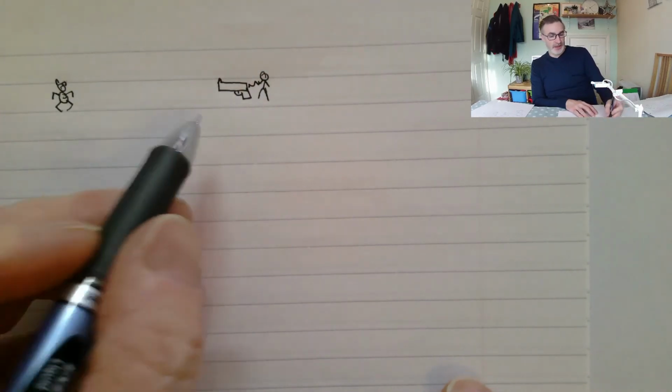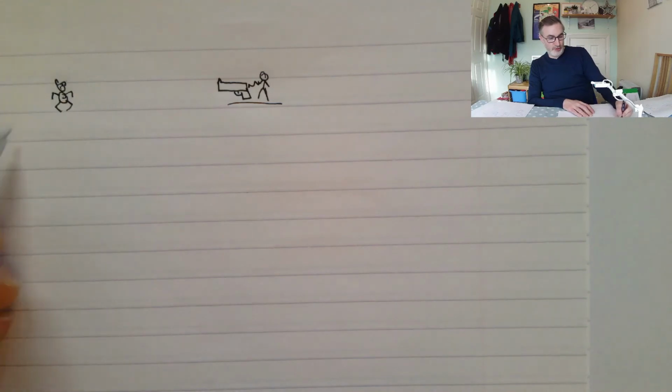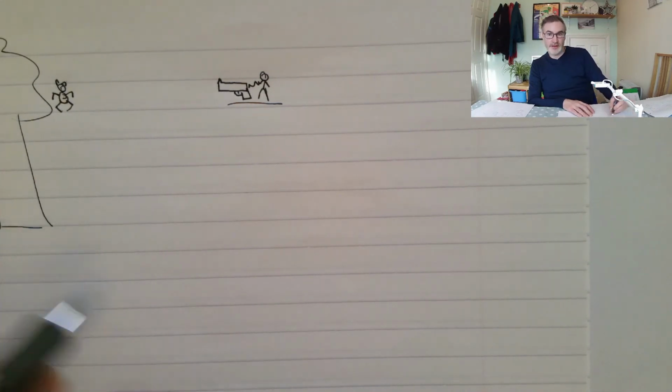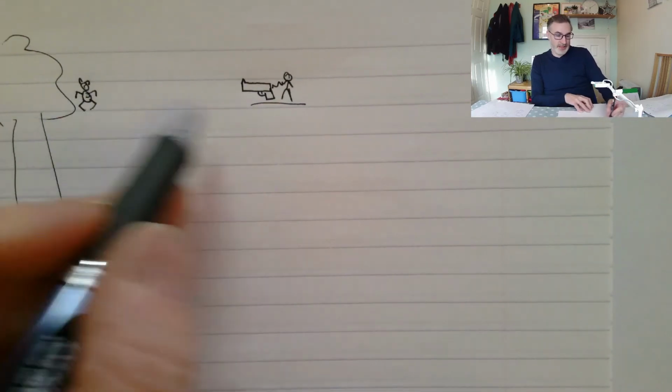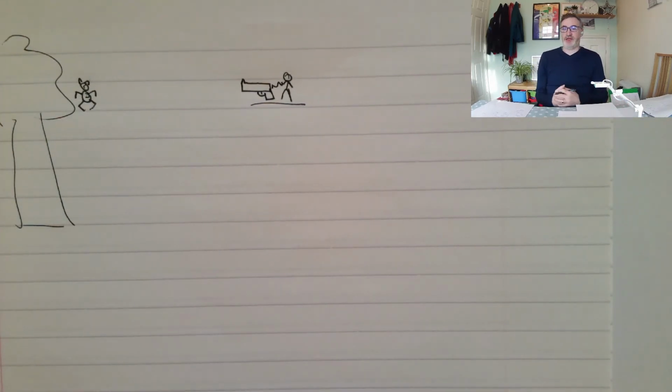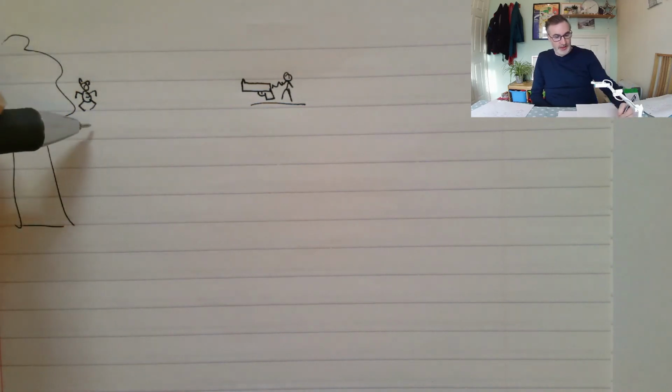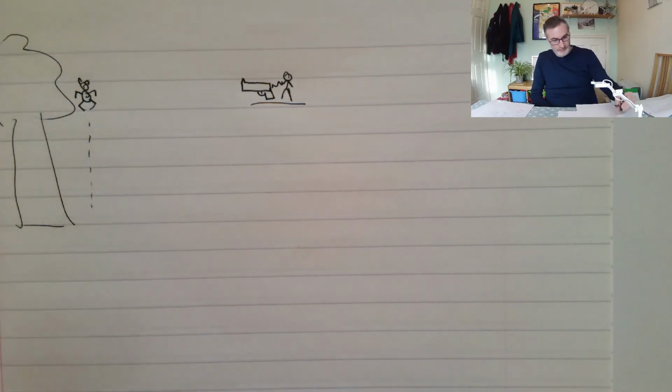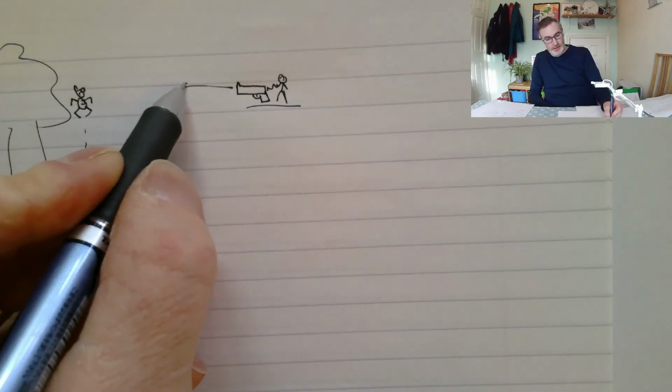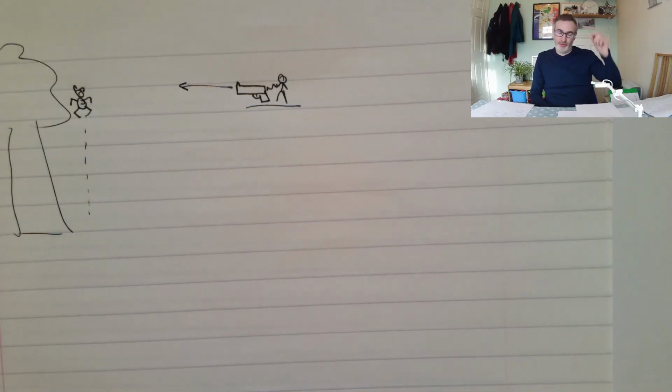The hunter is standing on a platform, the monkey's in a tree. Now the monkey sees the hunter, and the monkey says, aha, I'm going to be smart, and as soon as I see him pull the trigger, I'm going to jump down. I'm just going to let go of the tree and fall. And the bullet's going to fly right over my head.